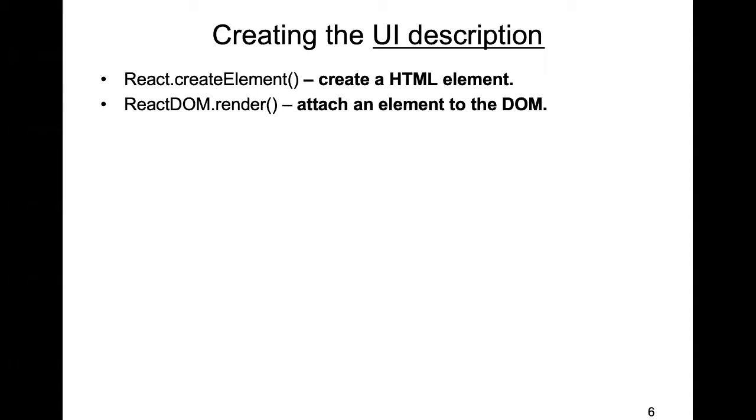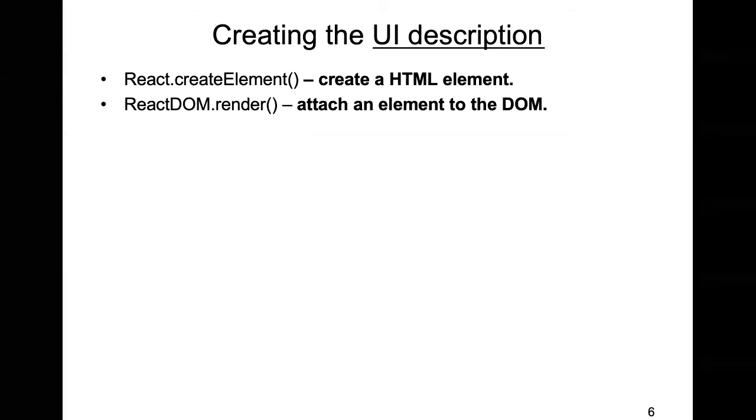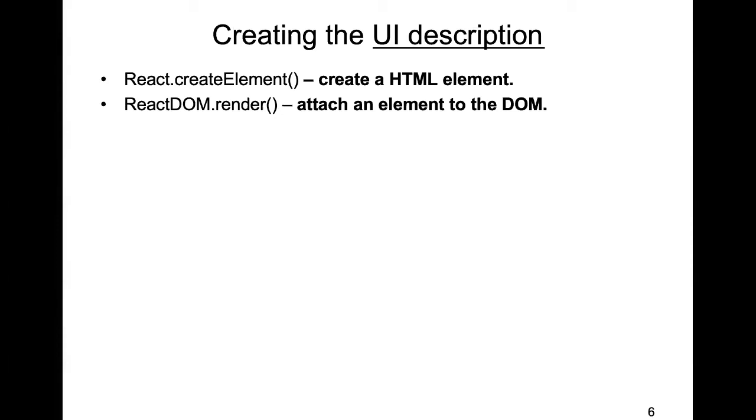But in the React module or package, there is a method called createElement, and you would use that method to create a HTML element, a bit like we were doing the last day, but using the DOM API. The second method is a method called render, which is part of the React DOM library. And the render method you use to attach a HTML element to the DOM. Again, we were doing that the last day using the DOM API. So these are the two kind of React equivalents of that DOM API stuff.